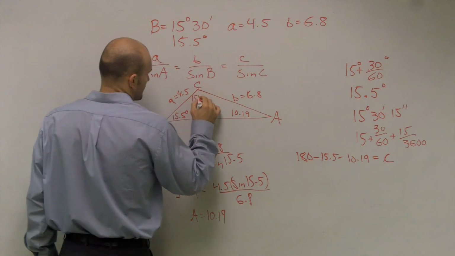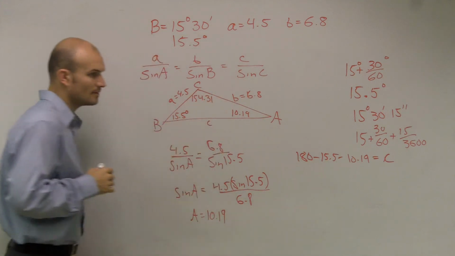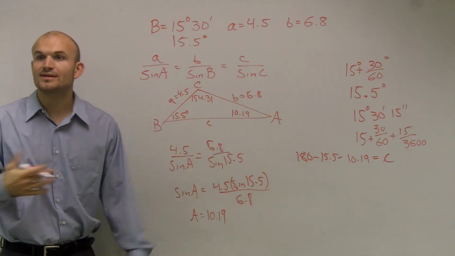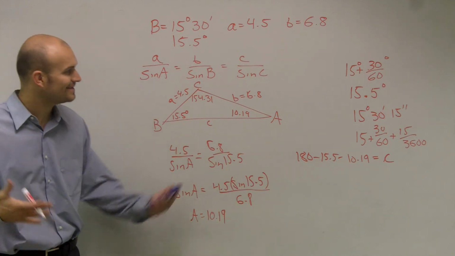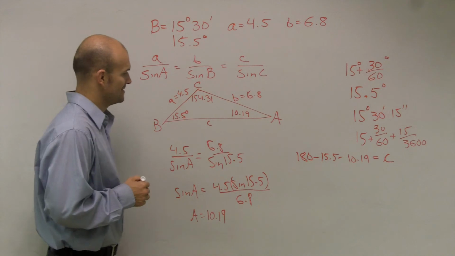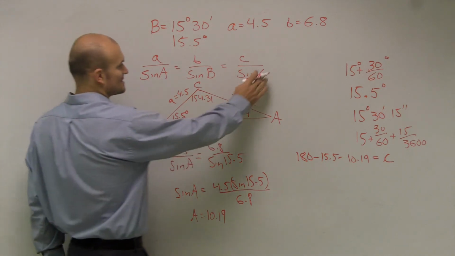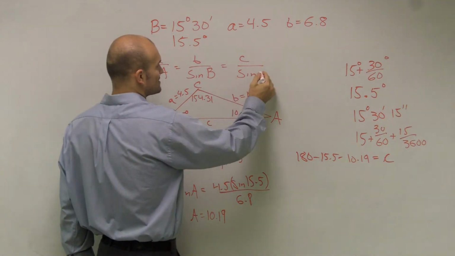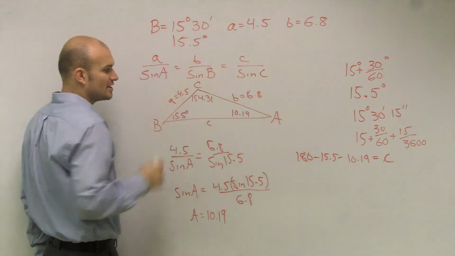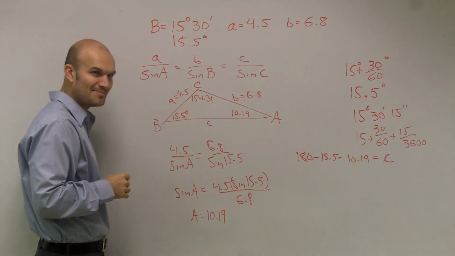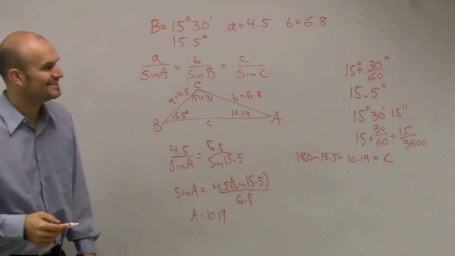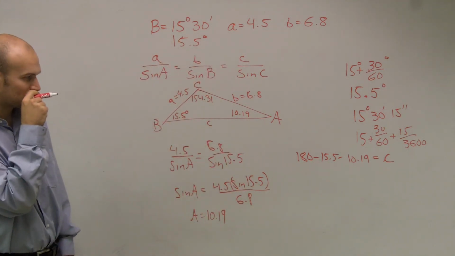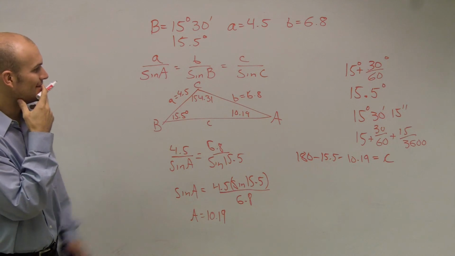Now, lastly, we just need to apply the law of sines again. We're doing this over and over again, and we're going to get really good at it. So now I know that angle C is 154 degrees, and I just need to figure out the side length c.